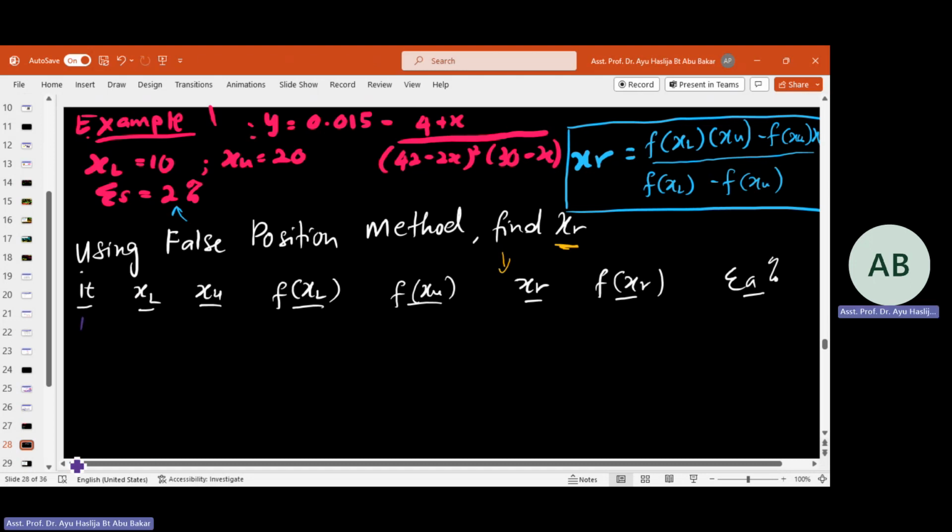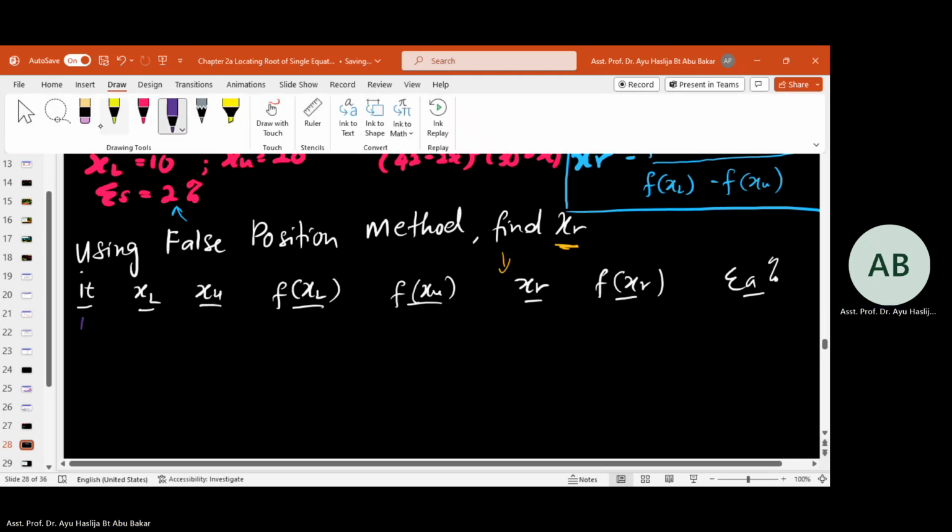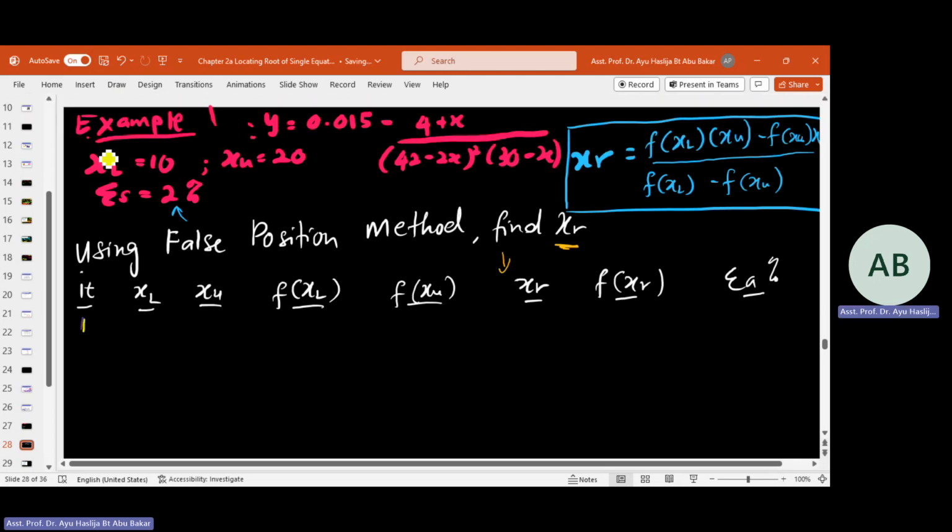We start with the first iteration. XL we have 10, XU 20. F(XL), which we calculated last time, is positive 0.0135. F(XU) is negative 0.585. Now calculate XR using the false position method.